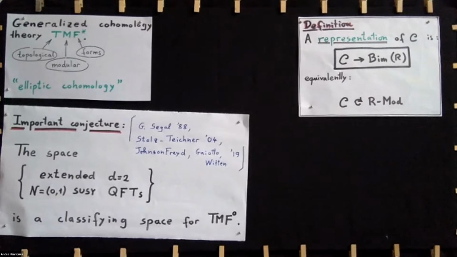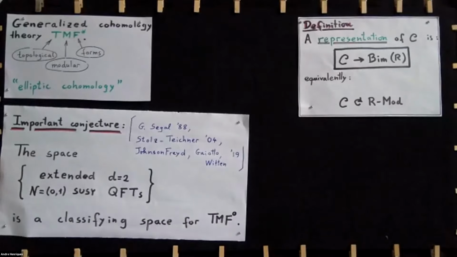And recently, Johnson-Freyd, Davide Gaiotto and Ed Witten have been testing this conjecture in very non-trivial ways, and finding that so far, all the predictions of the conjecture seem to hold true. The conjecture says that if you look at quantum field theories of a particular flavor, they have to be two-dimensional, supersymmetric with this particular amount of supersymmetry, and if you manage to make a topological space out of them, then this should be a classifying space for TMF.